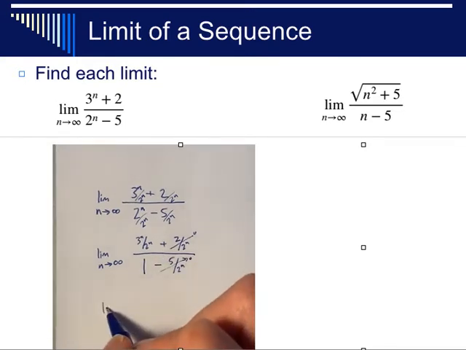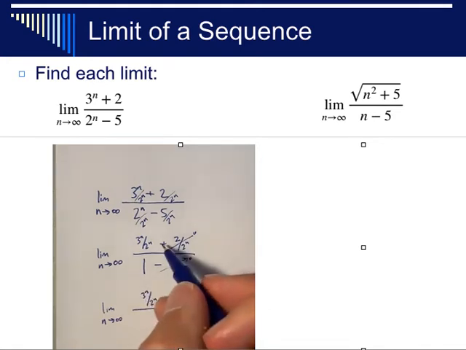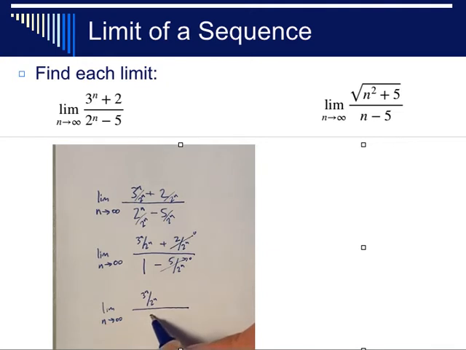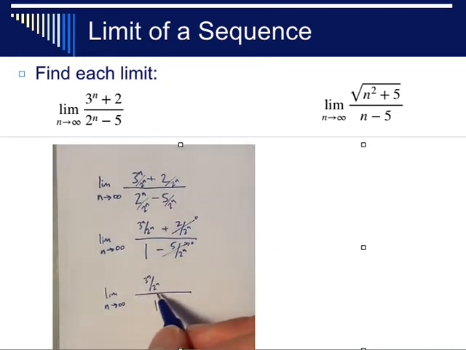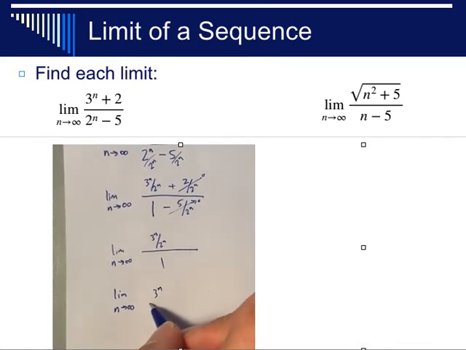And so if I clean this up a bit, I've got now the limit as n approaches infinity of 3 to the n over 2 to the n plus nothing, and on the bottom just 1. And so if I clean this a little bit up, that's the limit as n approaches infinity of 3 to the n over 2 to the n.